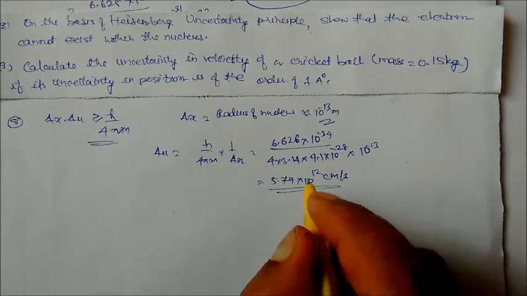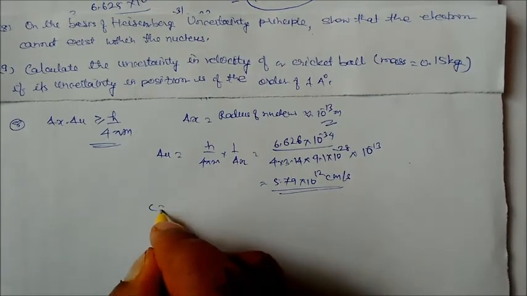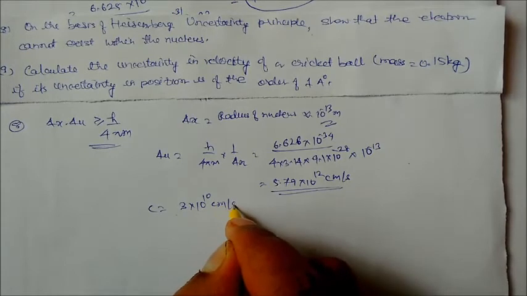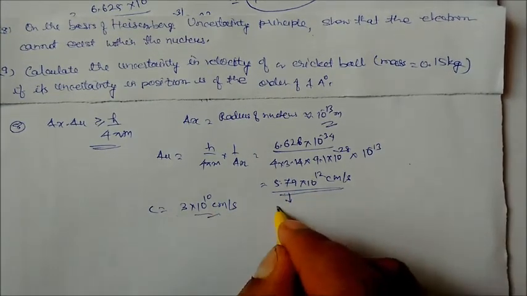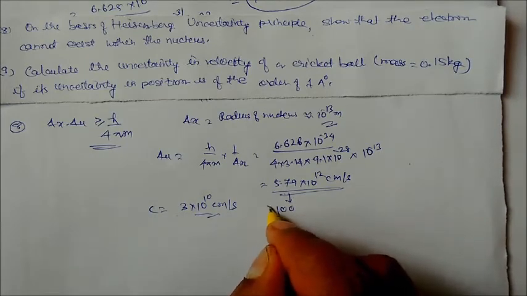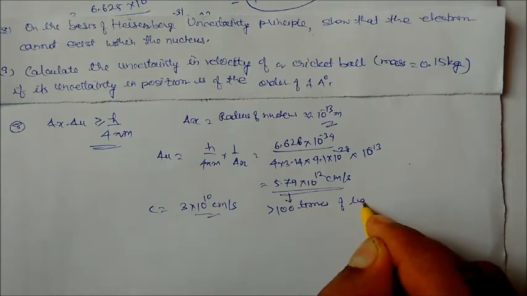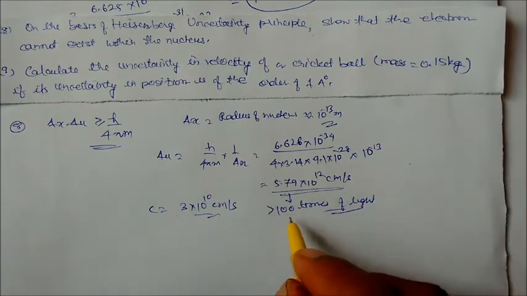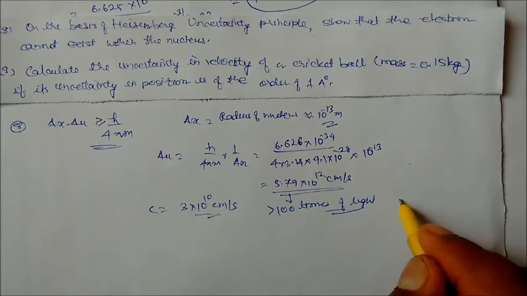Now if you compare this with the speed of light, which is 3 into 10 to the power 10 centimeter per second, this is more than 100 times the speed of light. So from here we can conclude that this is not true. This is totally impossible.